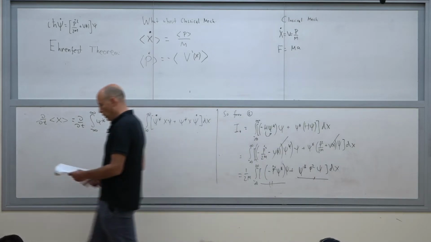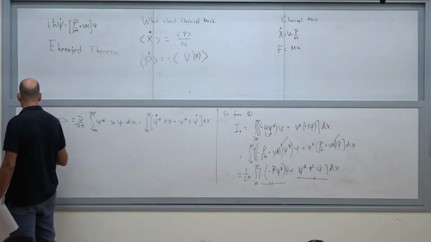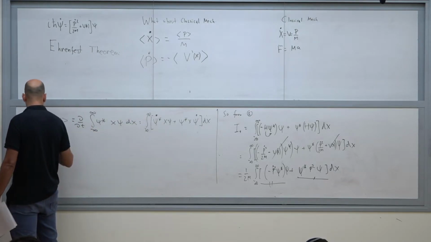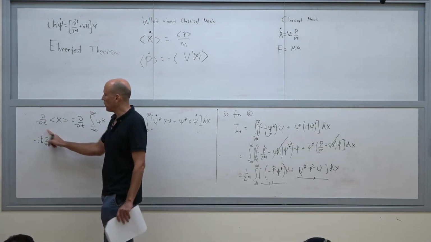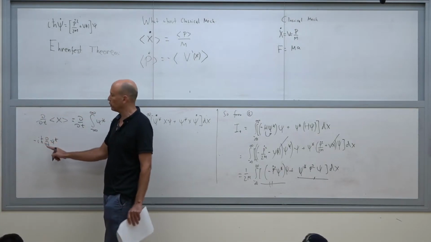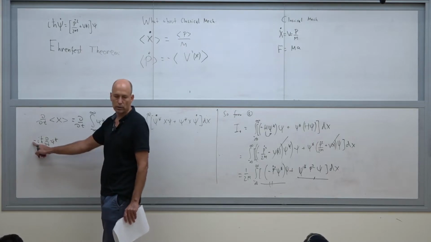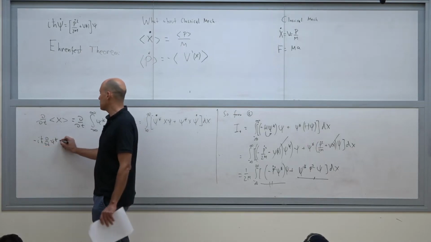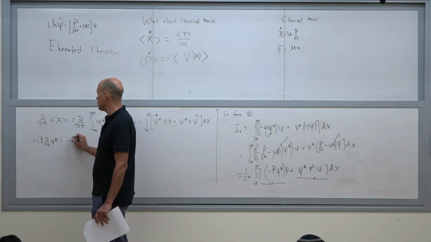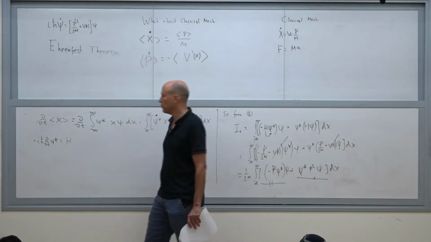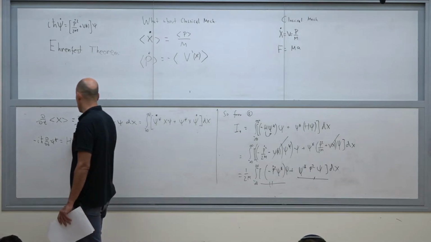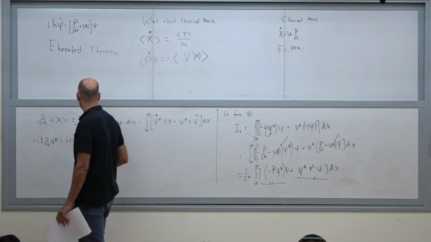We did this already, so just to remind you, minus i H, because here I'm taking the complex conjugate of the Schrodinger equation, so I have the minus here. I'm using the fact that H star is H, which we saw previously, times psi star.